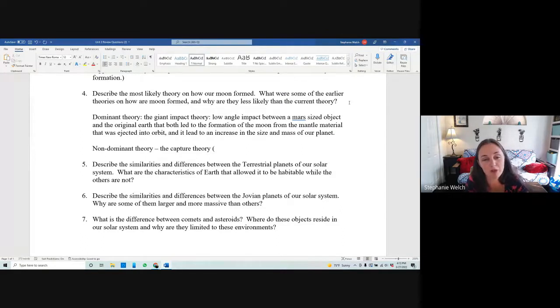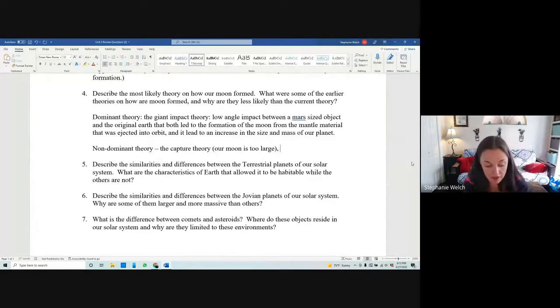Essentially, the problem with the capture theory is the moon is too large. Our moon is too large. Another potential theory, well, I guess I do say what are some of the earlier theories. I guess I'll go over another one. But essentially, the capture theory doesn't work because the moon is too large in comparison to the size of our planet.